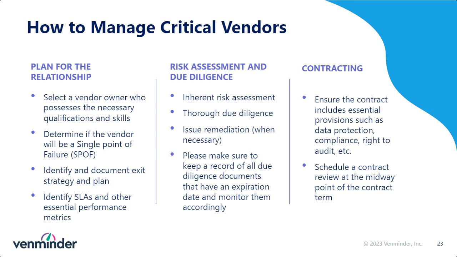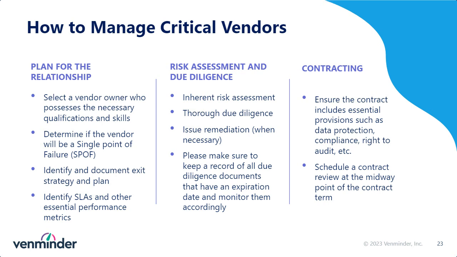We also need to determine if that vendor is going to be a single point of failure. And right from the beginning, we need to identify and document our exit strategy and our plan. So what are we going to do if this vendor fails? Are we going to get another vendor? Are we going to bring it in-house? Are we going to just stop doing the activity altogether?